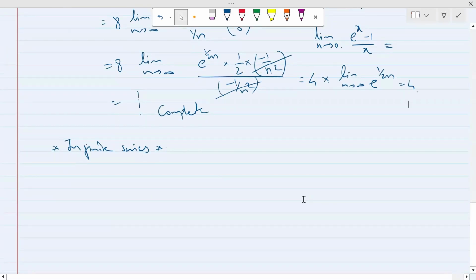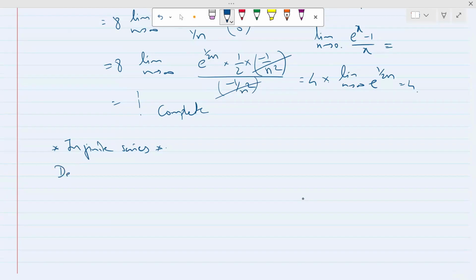Infinite series. I have asked you to revise the result, and I hope you must have revised it. First thing is the definition of convergence of infinite series. When do we say a series is convergent?